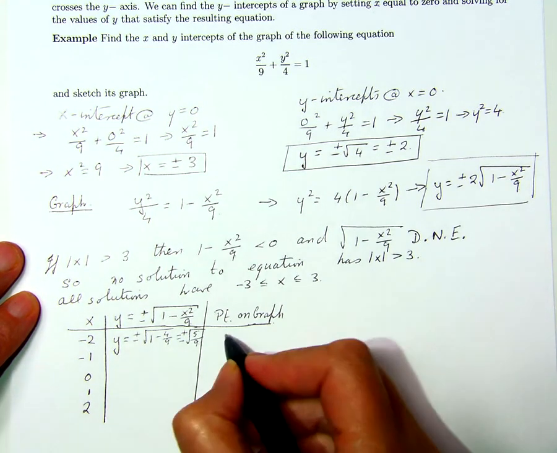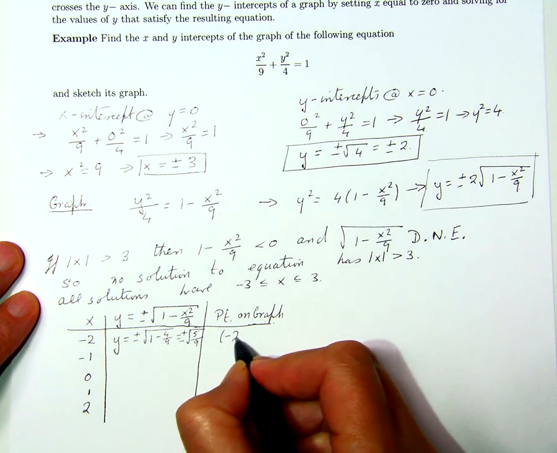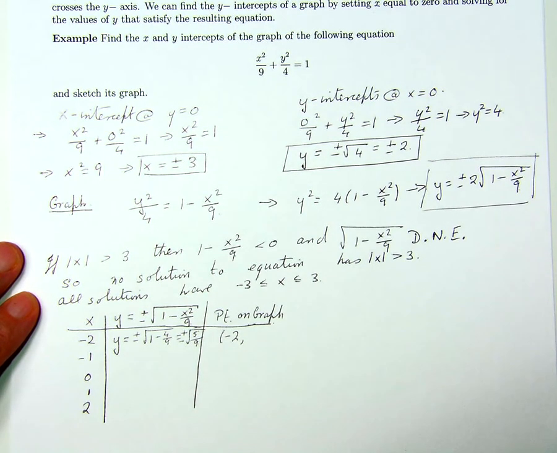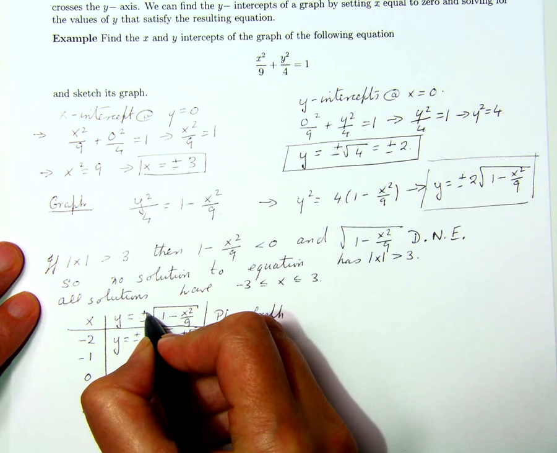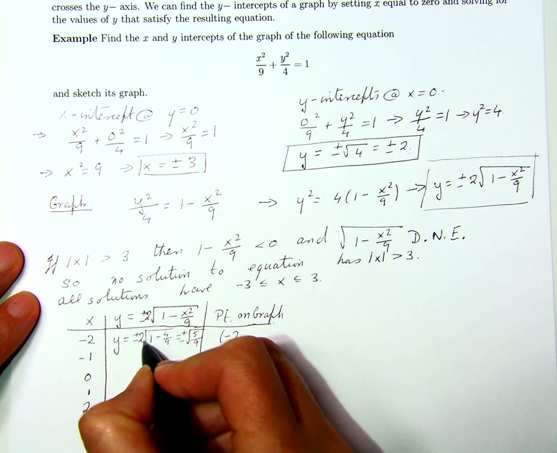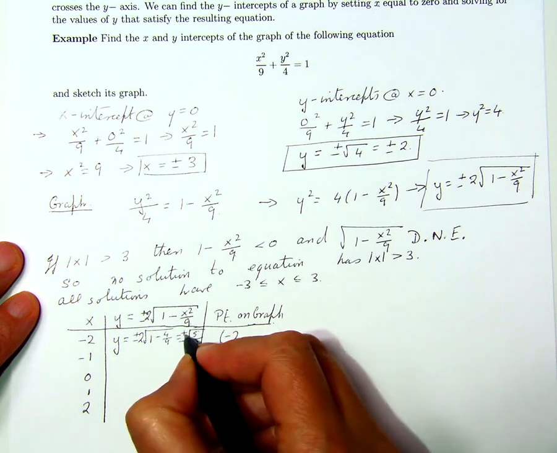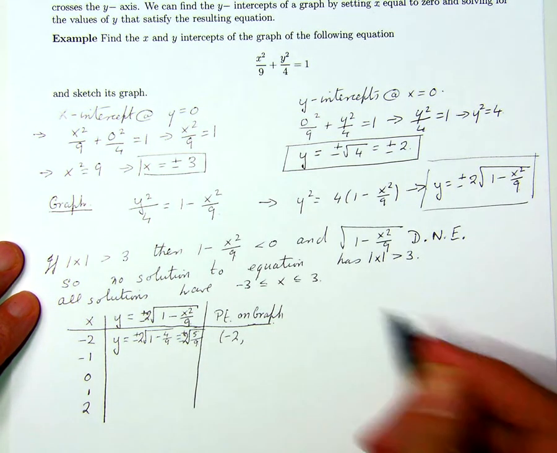And that's equal to plus or minus something that's roughly 1.49. Actually, I'm missing a 2 here, so let me put that in there. And that's plus or minus 2 times the square root of 5 over 9.